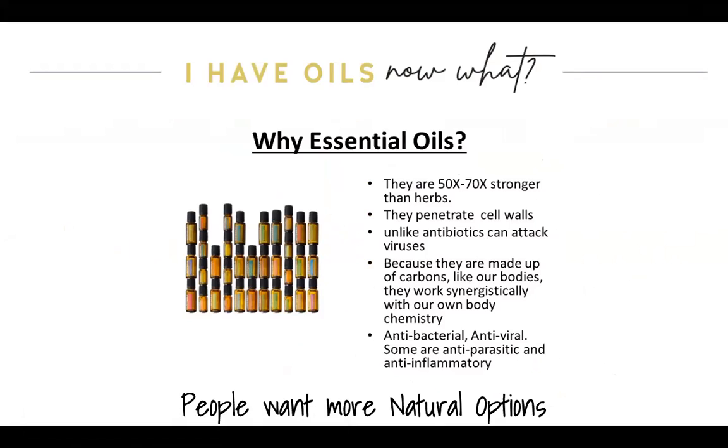Remember that 1 drop of peppermint is worth about 28 cups of peppermint tea. So that's an idea of how much stronger they are. They have this unique ability to penetrate the cell wall. So for things like a virus, which are inside the cell, versus bacteria which lives on the outside of a cell, essential oils can be incredibly good.